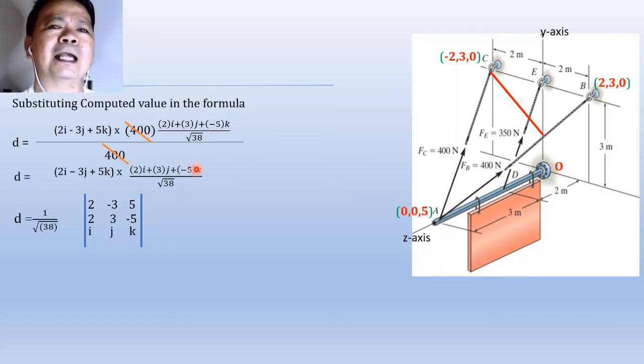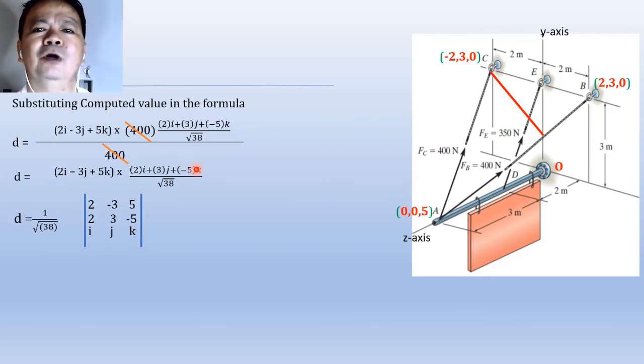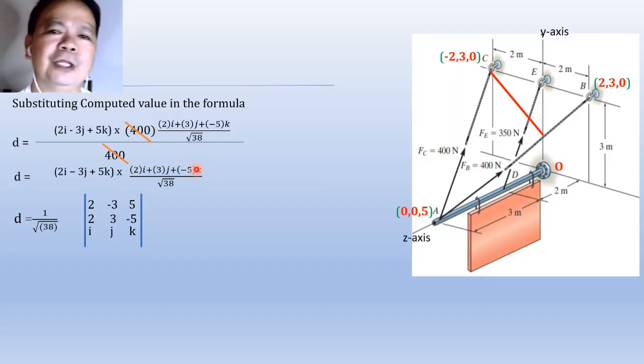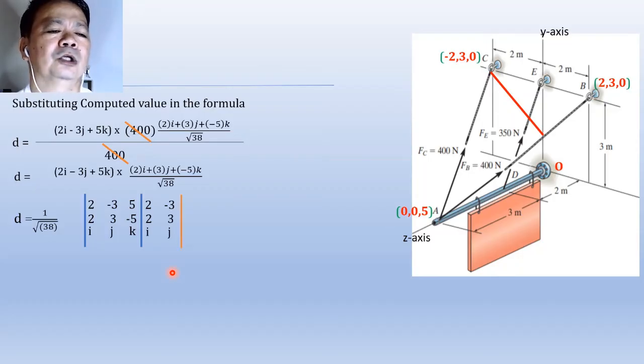So instead of expanding it one by one, there is another way of simplifying this third order determinant without working much on the computation. This can be done by extending the first two columns to the right, so that this becomes written like this. What you will notice is that this is the first column, while this one is the second column.